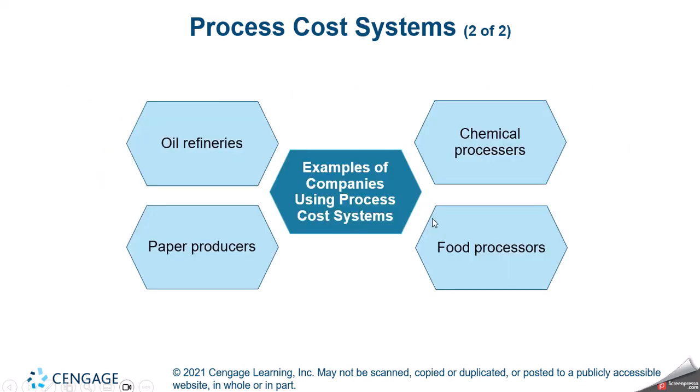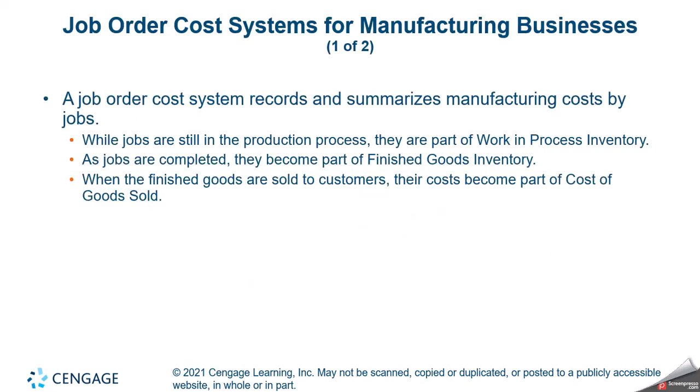So here we have an example of process costing. So oil refineries, paper producers. So again, like just reams and reams of copy paper. Chemical processors, food processors, like again, even think about potato chips or things like that. They're going to just be so many and they're the exact same and they're running through the various systems.